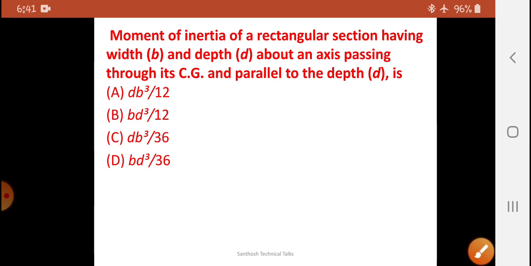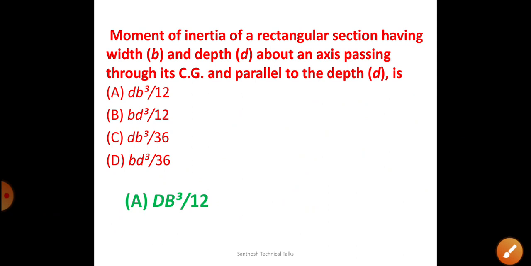Please be clear that this is the axis passing through the CG and parallel to the depth. That is why it is d b cube by 12. If it is perpendicular to the depth, then it is b d cube by 12. Please make a note of this.